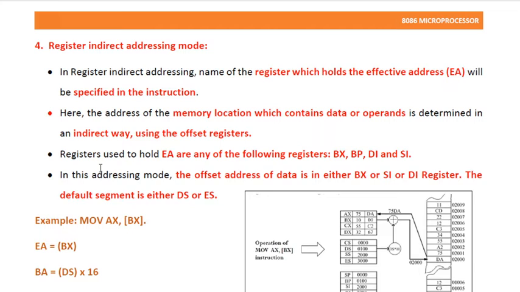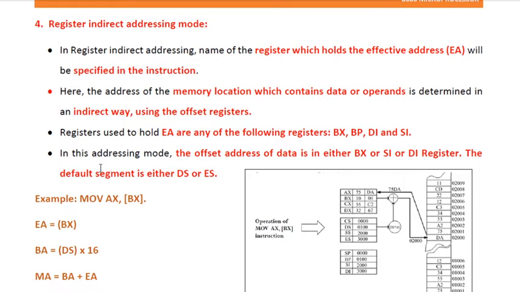So here the address of the memory location which contains the data or the operand is determined in an indirect way using the offset register. The registers used to hold the effective address are any one of the following: BX, BP, DI, SI. So these four registers can be used to hold the effective address of the operand.